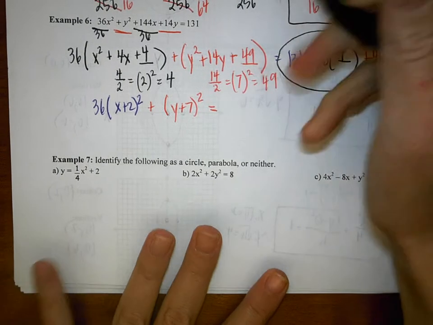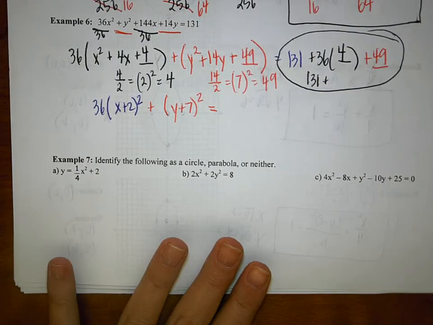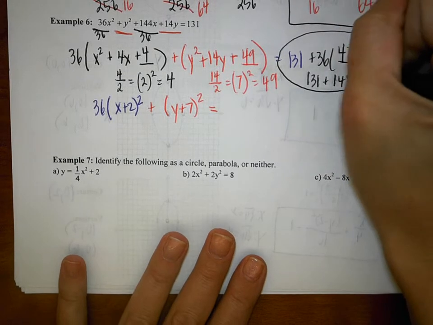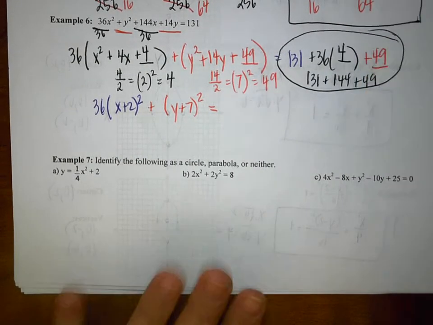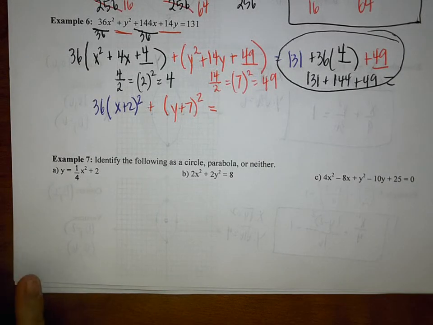So you have 131 plus, and 36 times 4 is 144, plus 49. When we add all that together, 324.